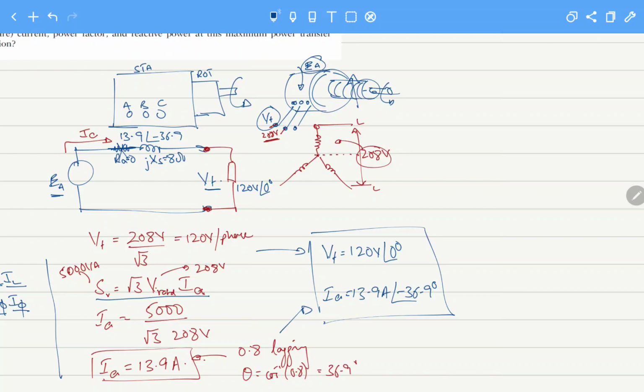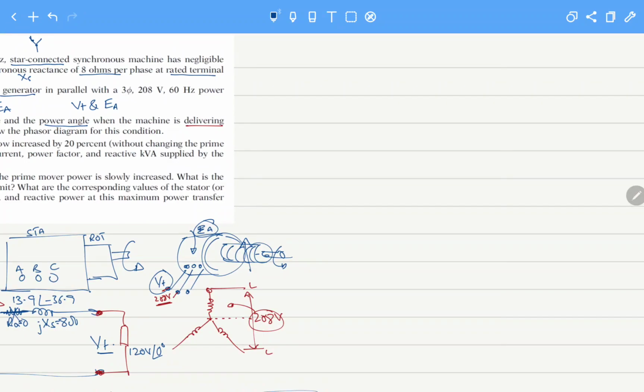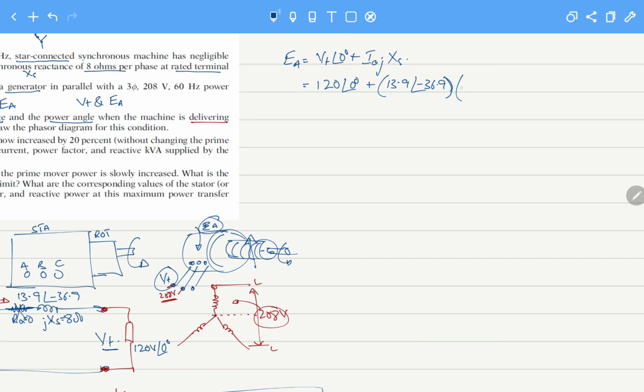So applying simple KVL for the per phase equivalent circuit, we will have this equation: EA equals VT, that is at angle 0, plus IA j XS. This is 120 angle 0 plus IA, 13.9 angle minus 36.9, multiplied by jXS, that is 8, and because of j it is 90 degrees.